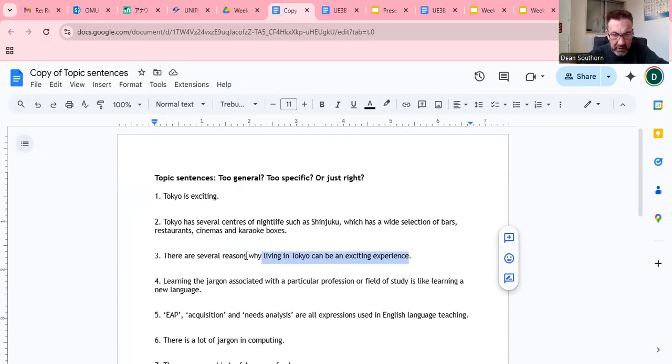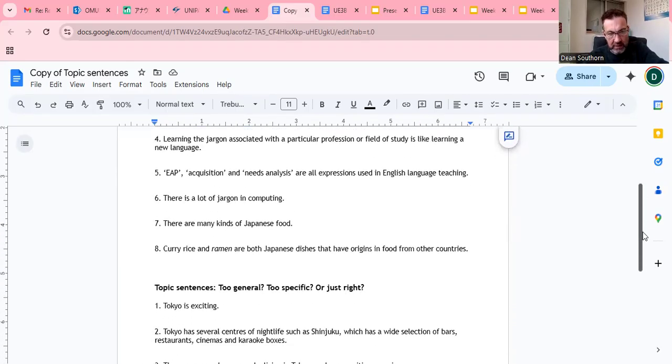And the narrowing element is the reasons. So you know that the paragraph is going to explain why Tokyo can be an exciting experience. So this number 1 is just the topic. The narrowing element are the reasons.